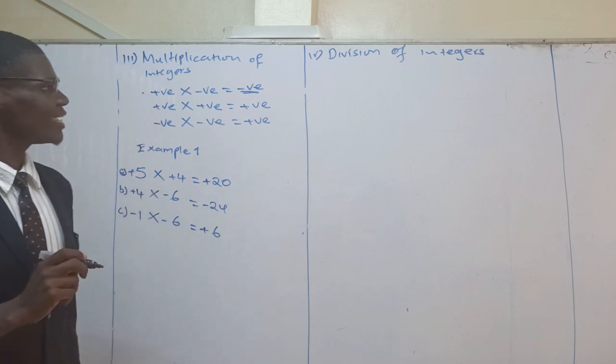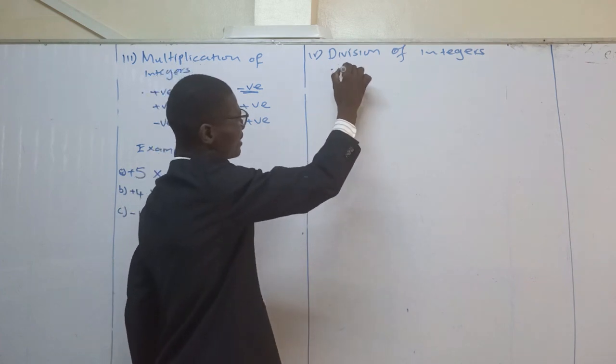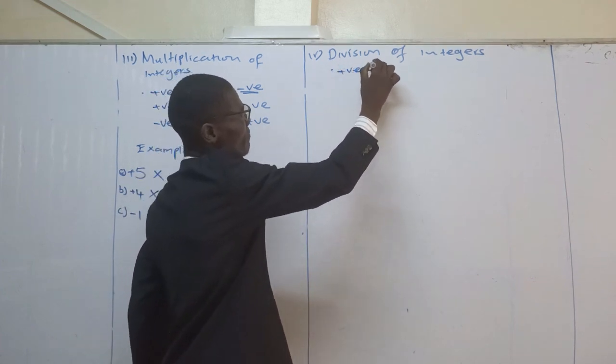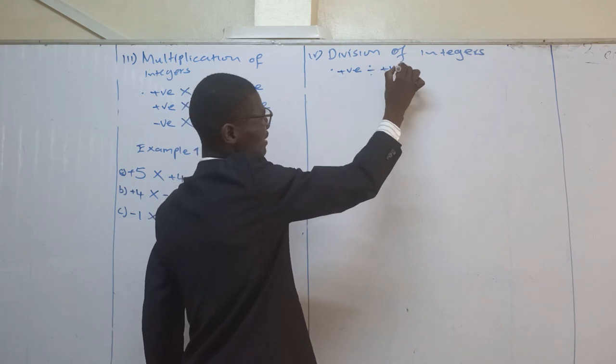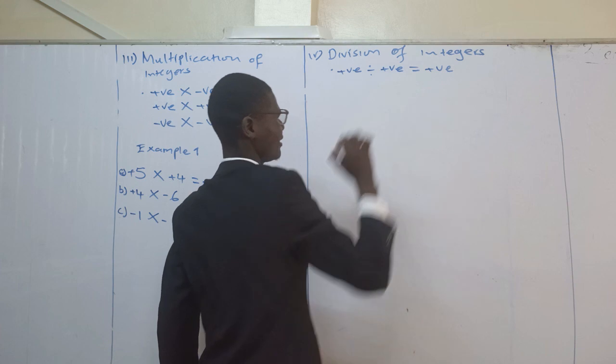The first thing is that when I divide a positive integer by a positive integer, my result is a positive integer.